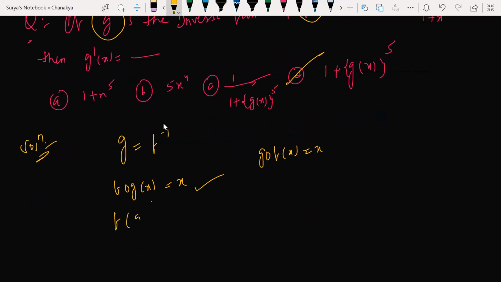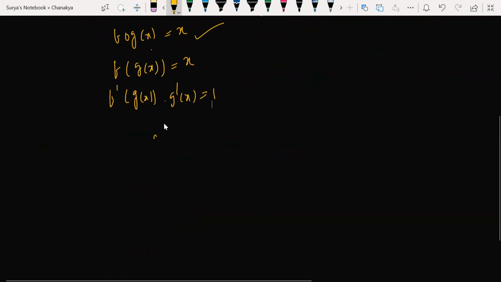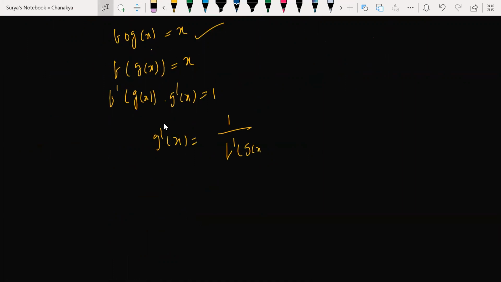So F of G of X is equal to X. Differentiating, F dash of G of X into the inner function's derivative G dash of X is equal to 1. So G dash of X is equal to 1 by F dash of G of X.